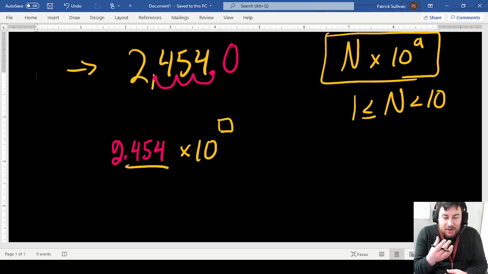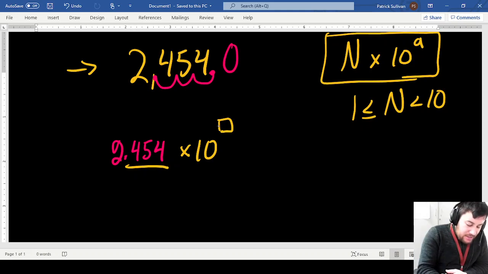So let's test this and say 10 to the negative third. Well, we learned from simplifying with exponent rules that a negative exponent means this part right here would actually be 1 over 10 to the third.